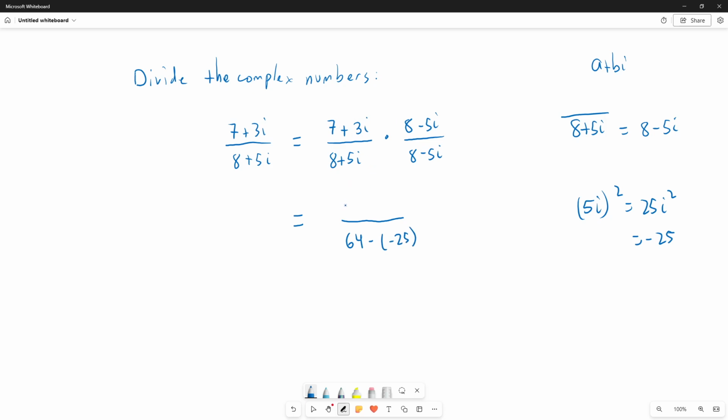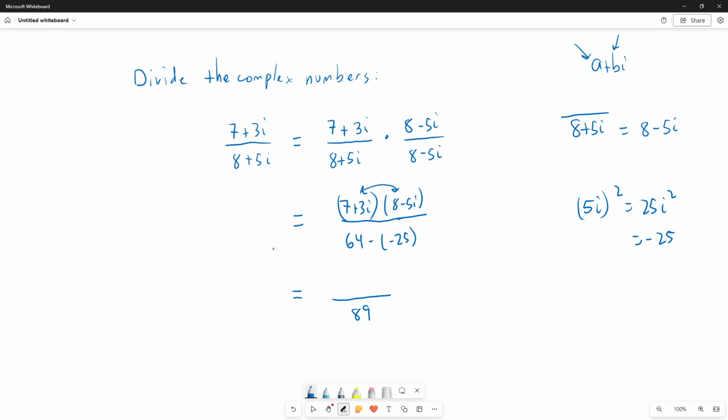And in the numerator, we have to calculate 7 plus 3i times 8 minus 5i. But focusing on that denominator, the denominator is just a real number, and that denominator is 64 plus 25, which is 89. So we have a real denominator now, and we will simply divide that real number into the real and the imaginary parts of the result of the multiplication in the numerator.